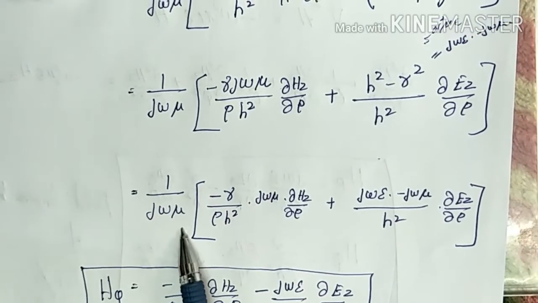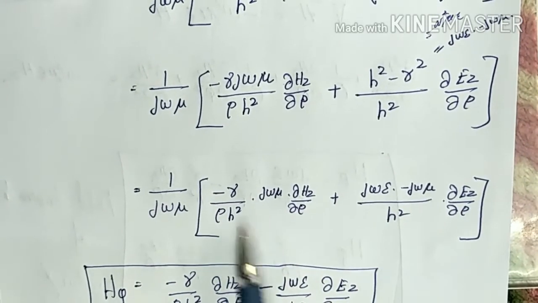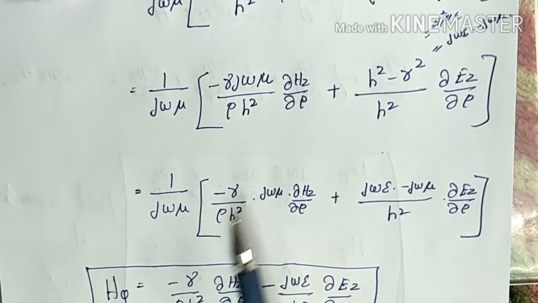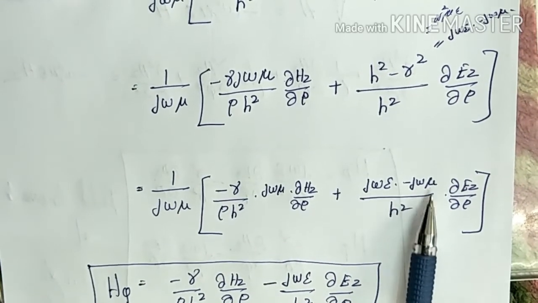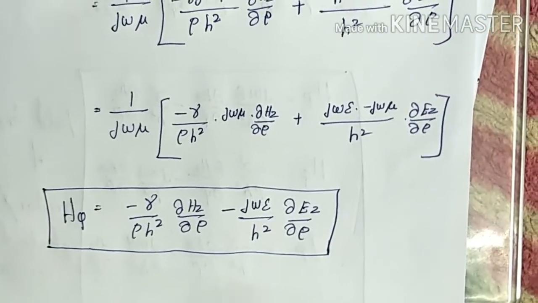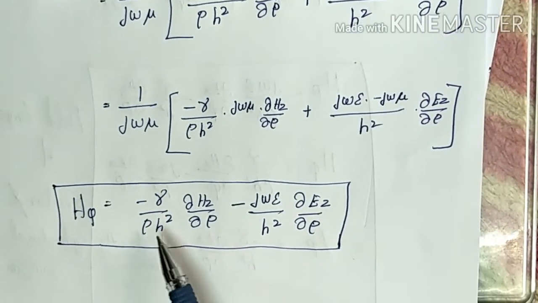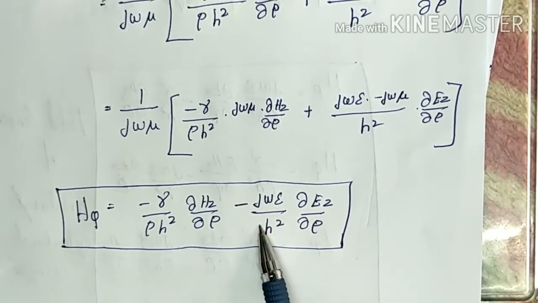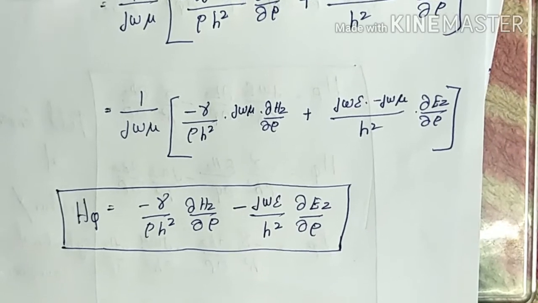Here we have j omega mu, multiply to both the terms. j omega mu will get cancelled in the first term, and in the second term also j omega mu will get cancelled. So you will get H phi, the final equation, equal to minus gamma by h square dou Hz by dou rho minus j omega mu by h square dou Ez by dou rho.